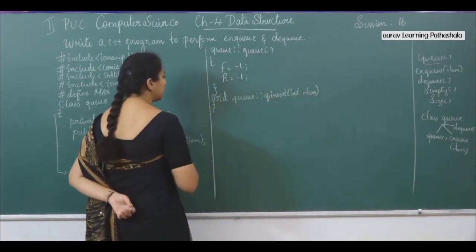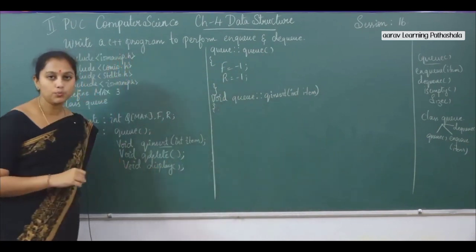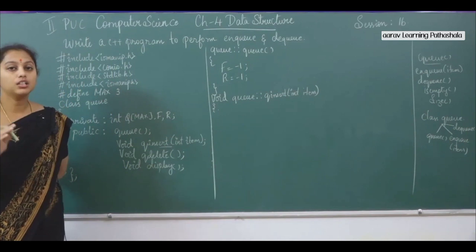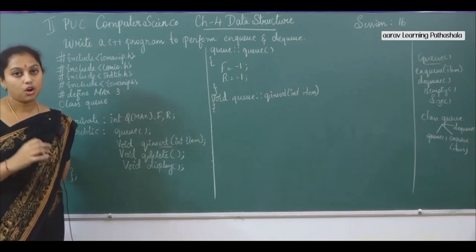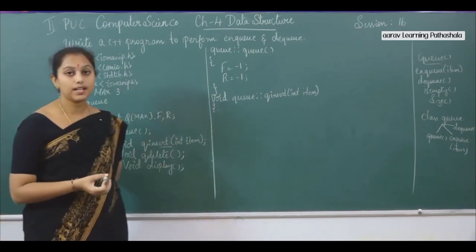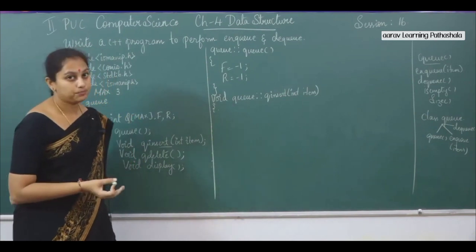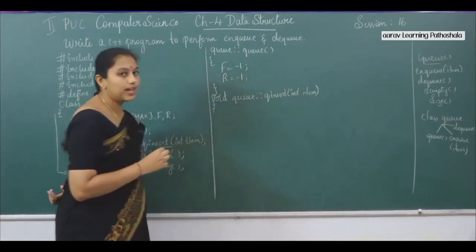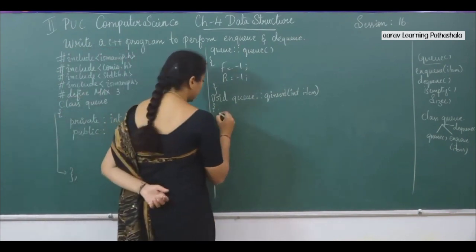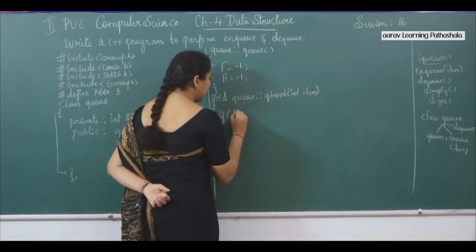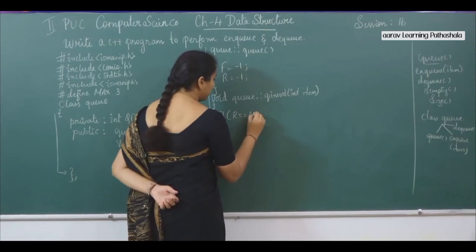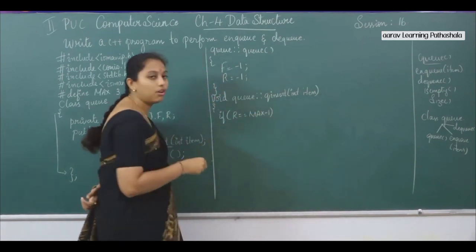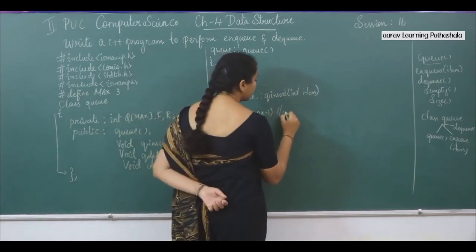While inserting an item into the queue, first we have to check whether it is in overflow state or not, or we can also call it full, whether the queue is full or not. So for that we have to check for the condition: if rear is equal to max -1. Here we are checking for the overflow state.